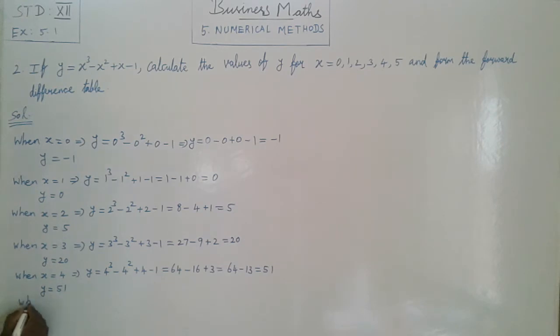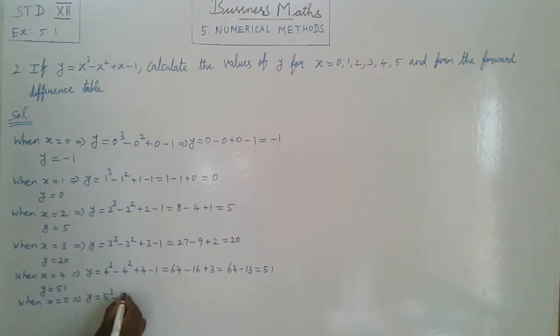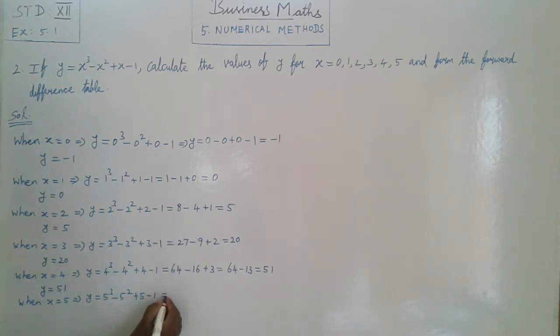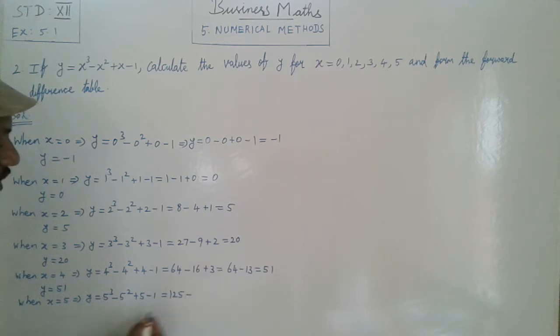Next, when x equal to 5, y equal to x cube minus x square plus x minus 1. x is 5, so 5 cube minus 5 square plus 5 minus 1, equal to 5 cube is 5 fives are 25, 25 into 5 is 125, minus 5 square is 25, plus 5 minus 1 is plus 4.